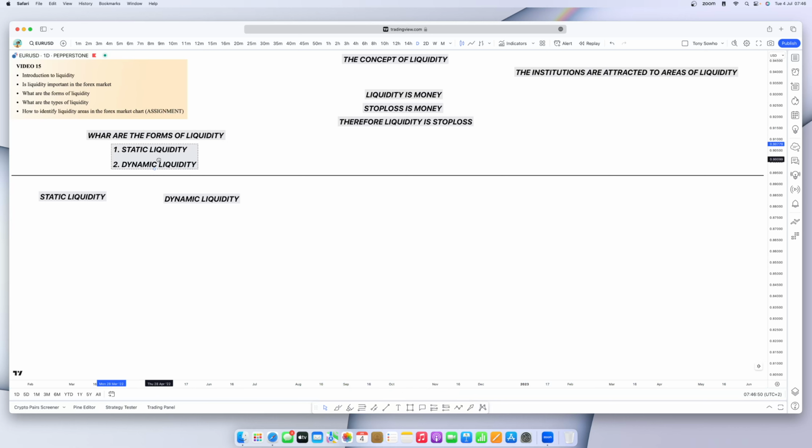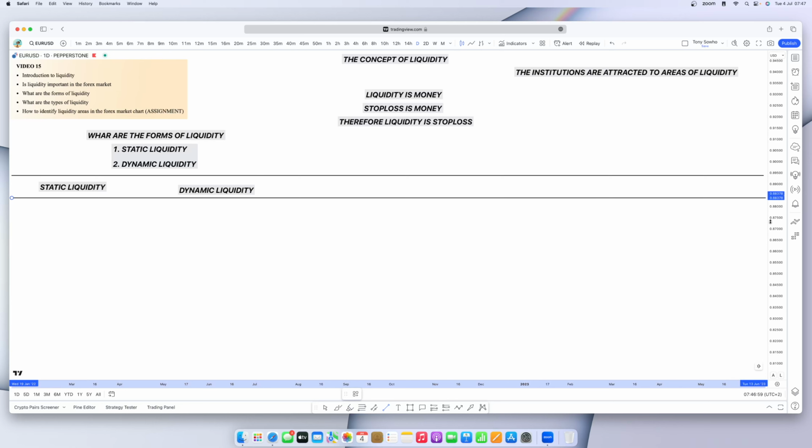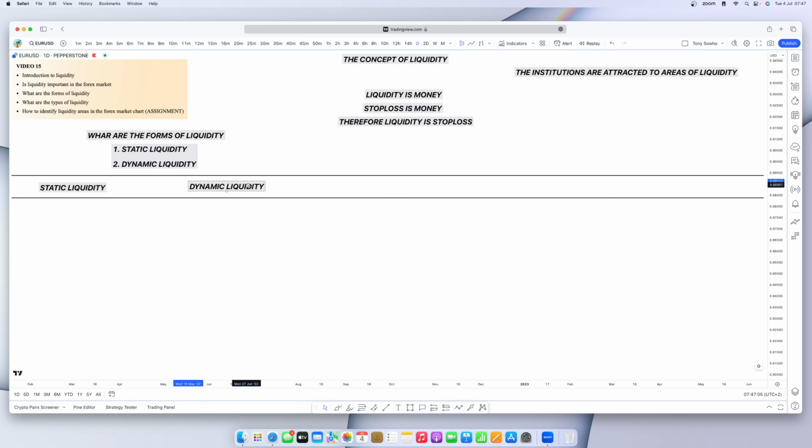And then we have this here, static, dynamic. So we have this as static liquidity. We have that as dynamic liquidity.